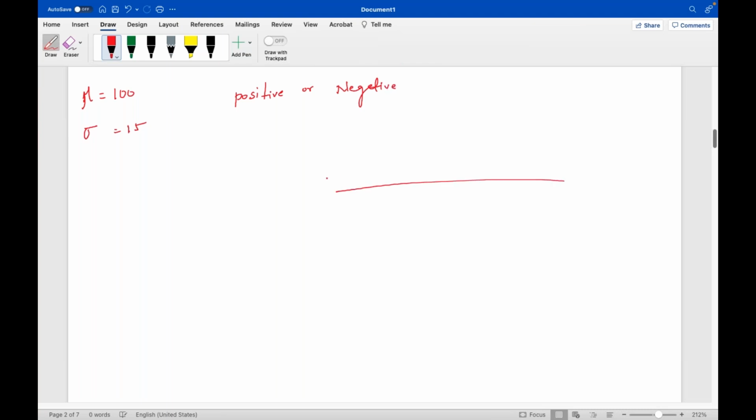Let me consider this my normal distribution, and this is the 95% of the data, negative on one side and positive on the other. You don't know which way it goes, so the glucose level can increase or decrease. If it increases, it's positive; if it decreases, it's negative.